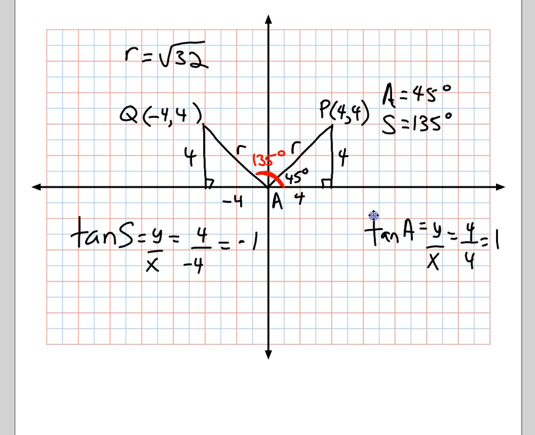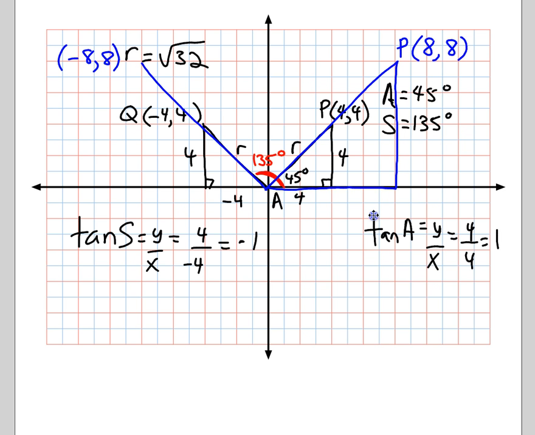It wouldn't matter really what we used for our terminal arm. It could be a little bit longer, a little bit shorter. If we went to a new location and made it, say, 8 units out and 8 units up, and our terminal arm extended up to here, our point would have coordinates 8, 8, and if we were to go to the other side, that would be negative 8, 8, and our ratios are still going to be the same.